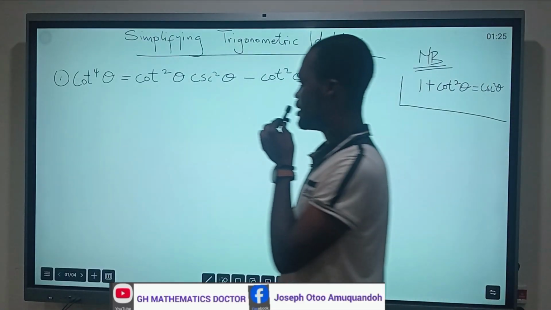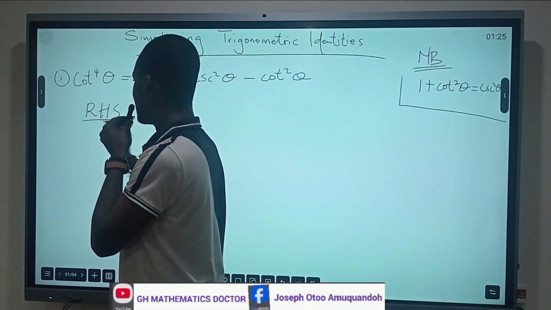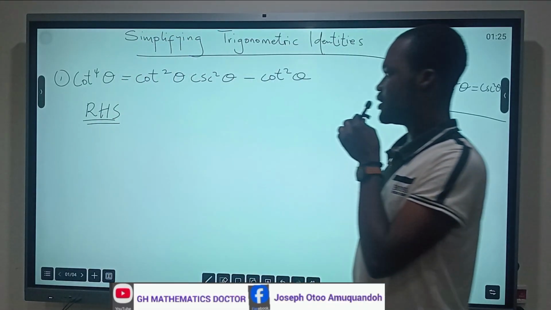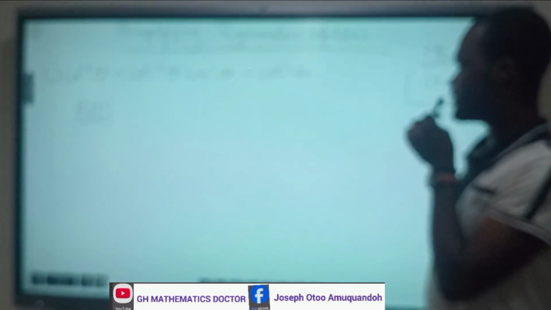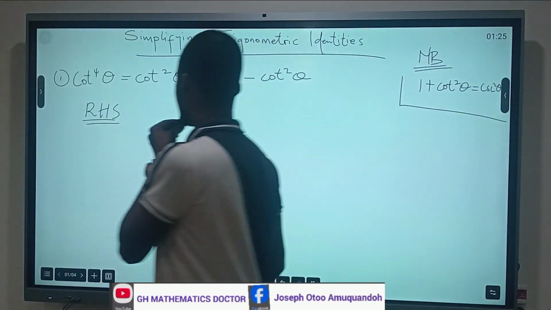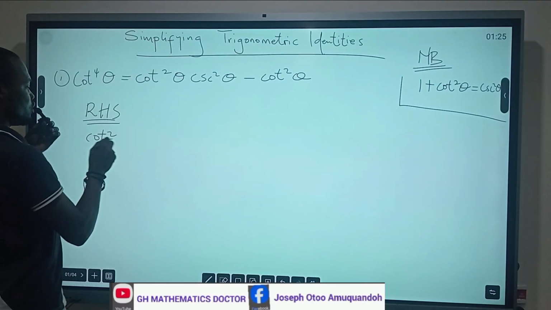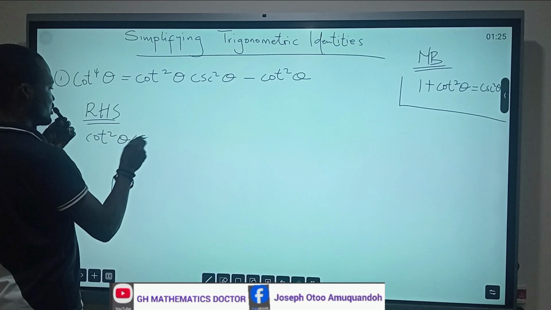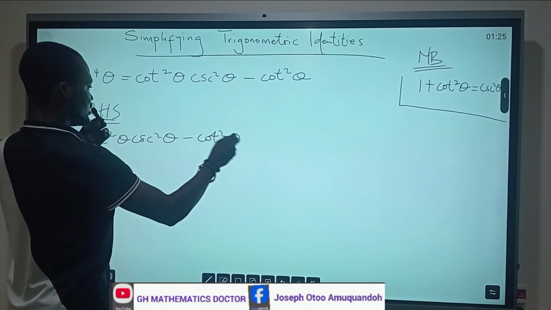So we are going to take the right hand side and work with it so that it will be equal to the left hand side. So we have cot square theta cosec square theta minus cot square theta.